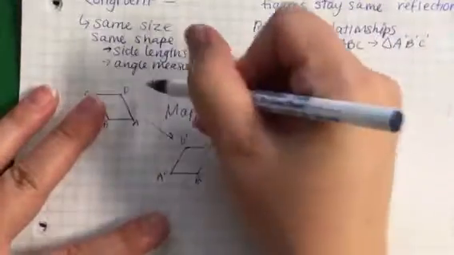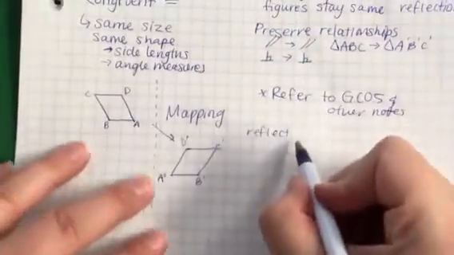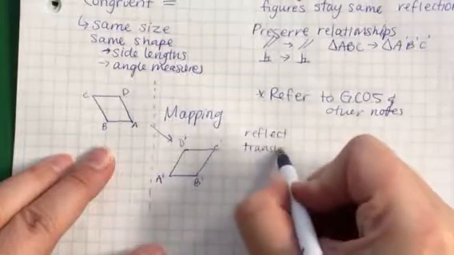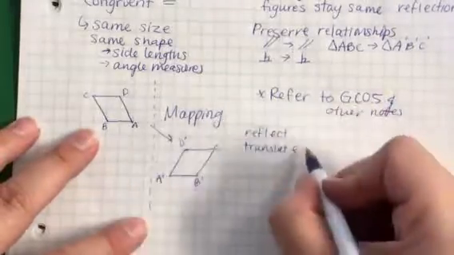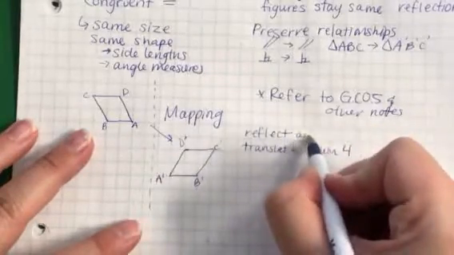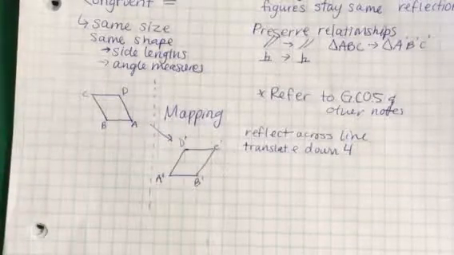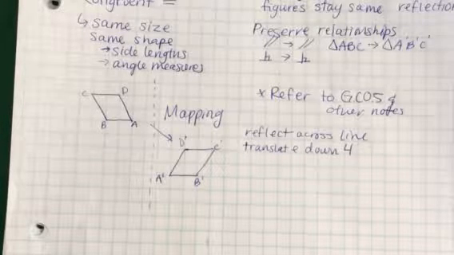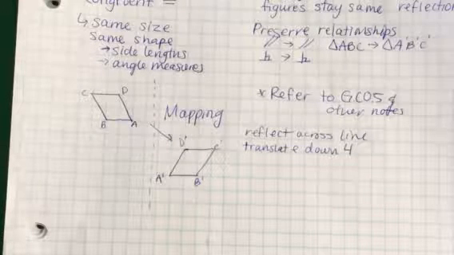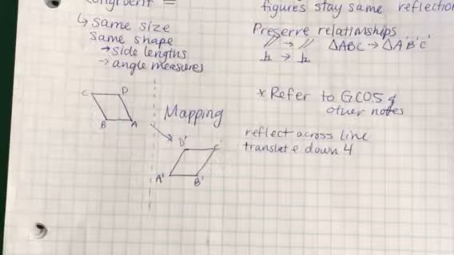It would reflect across the line halfway between them, and then it would translate, in this case down 4. So you just have to describe those things. Everything else is quite self-explanatory. So that's the end of GCO6.